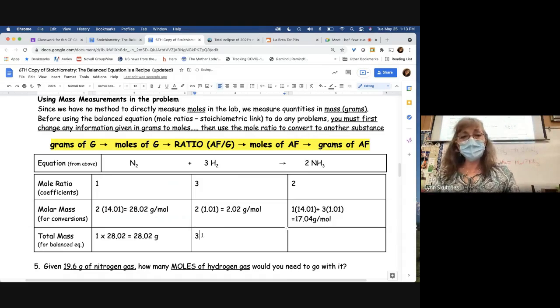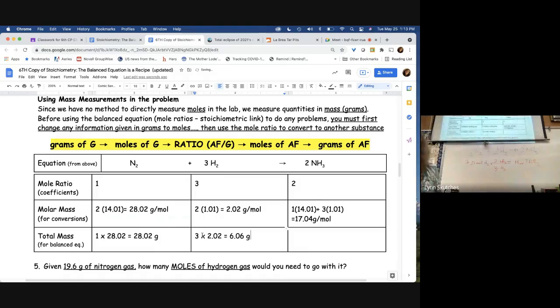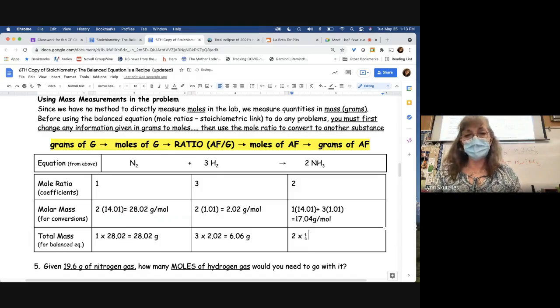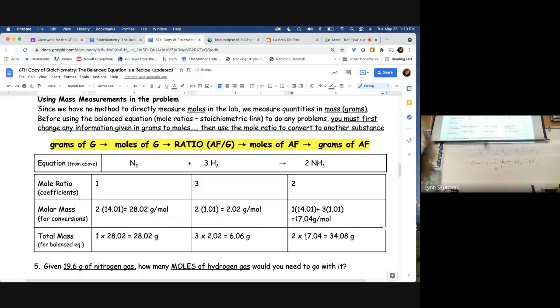And then we got to do 3 times 2.02. That's 28 and 6, that's 34. And magically, if we do 2 times 17.04, we're going to get 34.08 grams. Now we're balanced. This ingredient plus this ingredient in the right proportions has the same mass as our products.